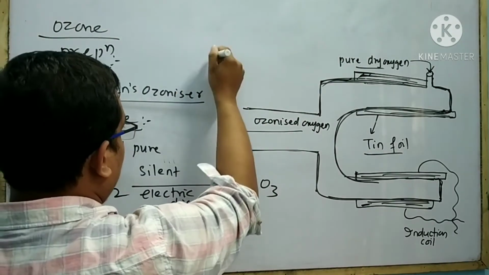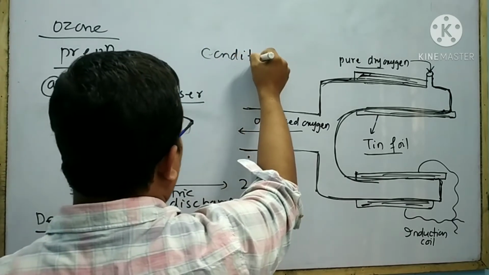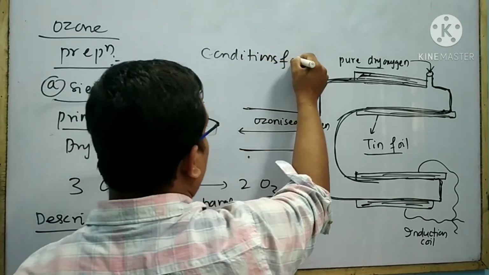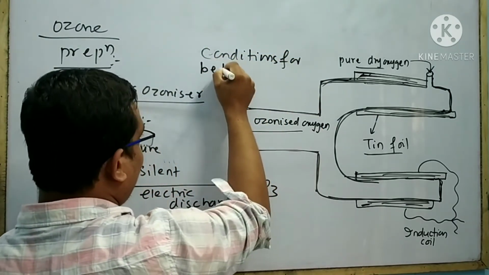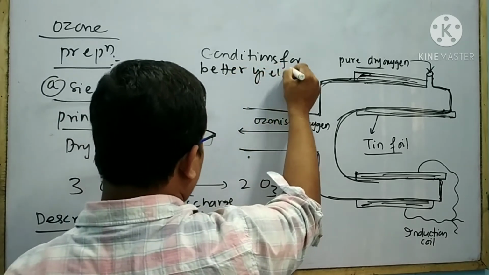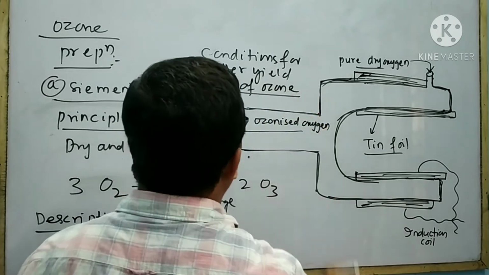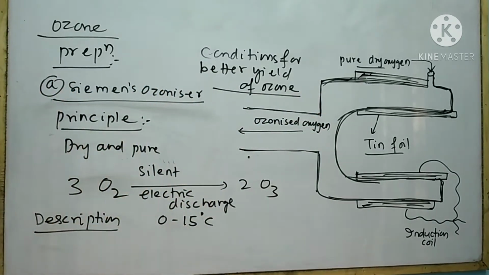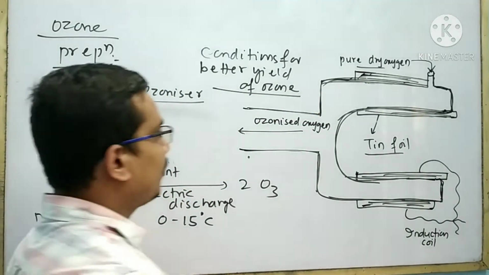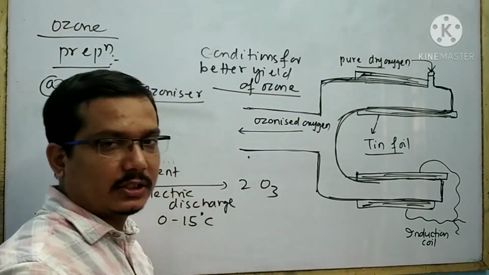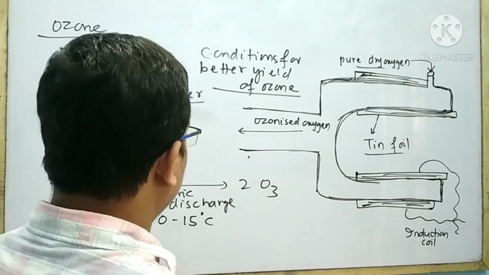Next I will discuss the conditions for better yield of ozone. What are the conditions for better yield of ozone? Point 1 is pure and dry oxygen must be used.